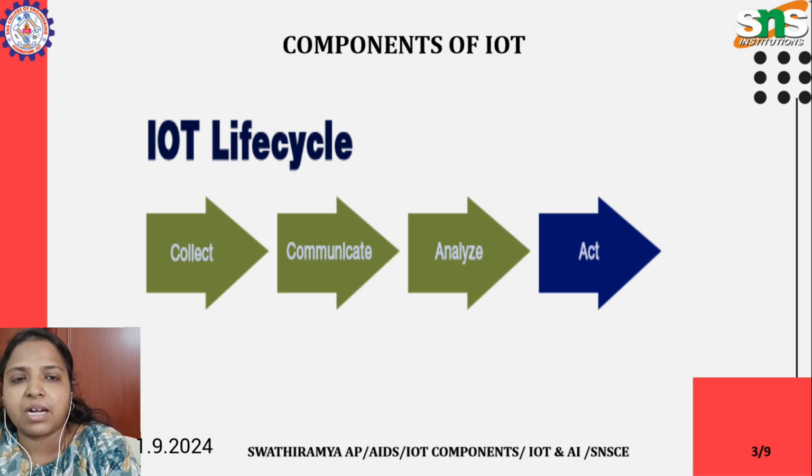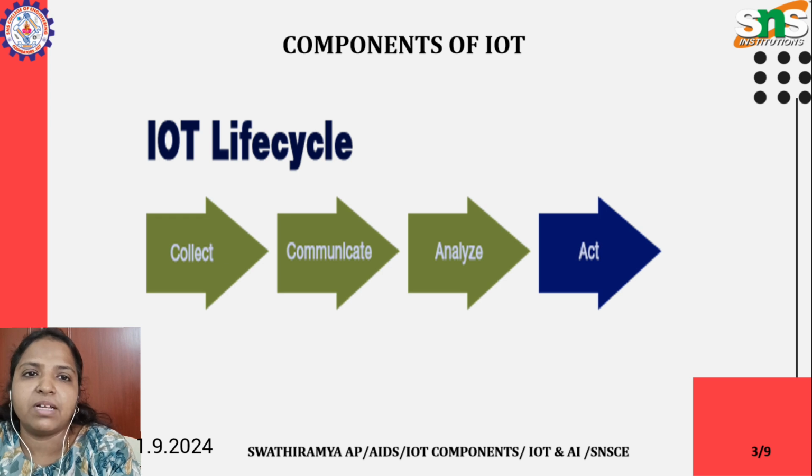We are connecting these n number of devices together for the purpose of communication. These devices should be able to communicate with each other without human interference. So when they need to communicate with each other, they need the help of connectivity, and also the support of software.